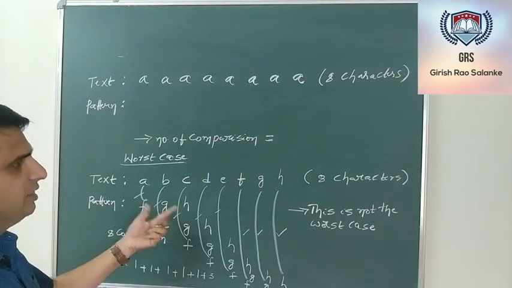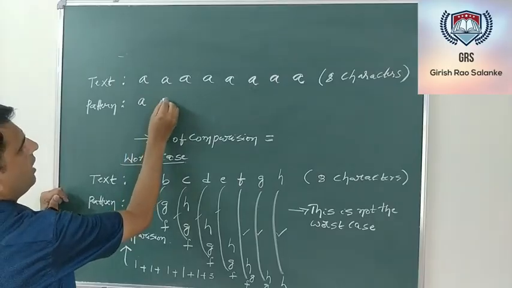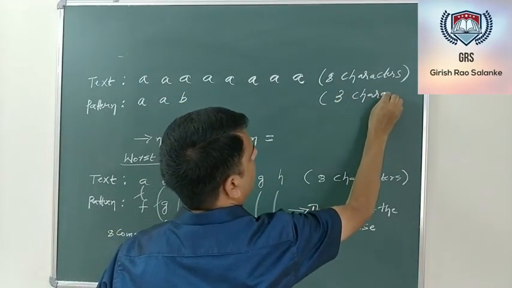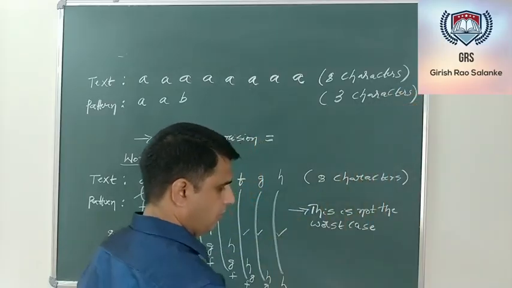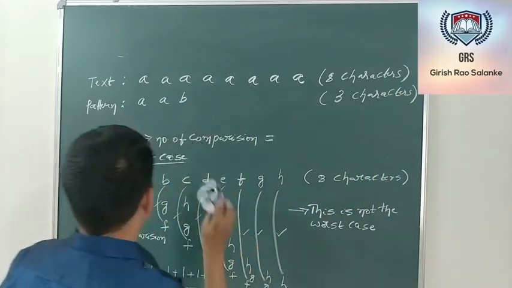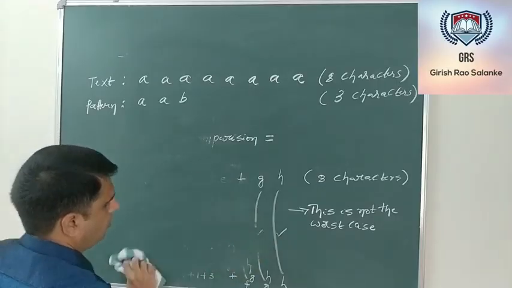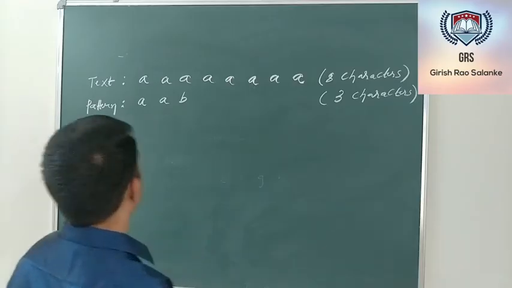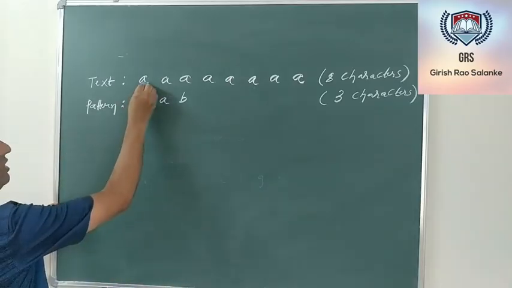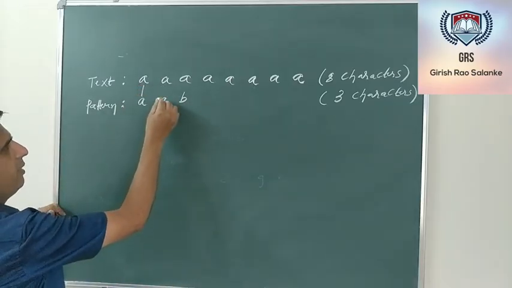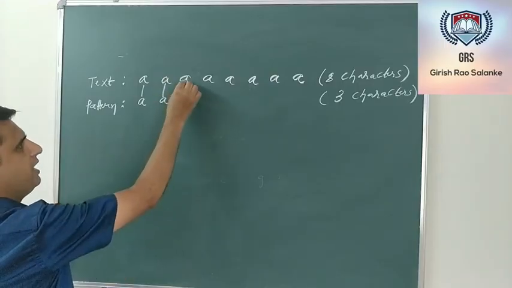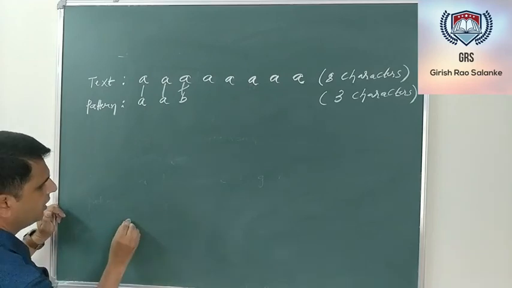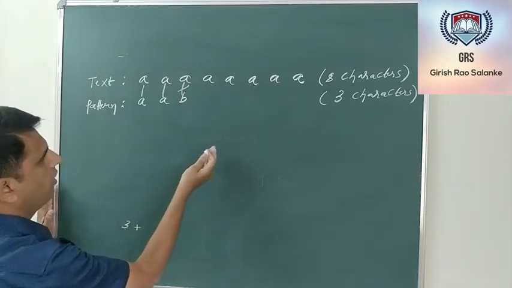How many characters have I taken? 3 characters here, A, A, B. This is 3 characters. Now just see. In the first iteration, I compare A with A, this matches. I compare A with A, this matches. I compare A with B, this does not match. So how many comparisons in the case of the first iteration? It is 3 comparisons.